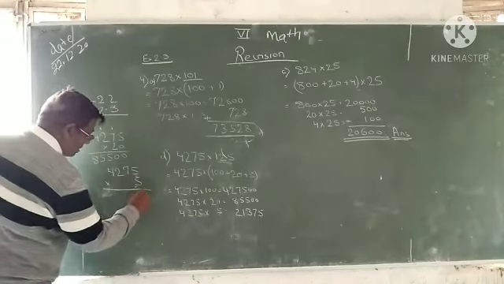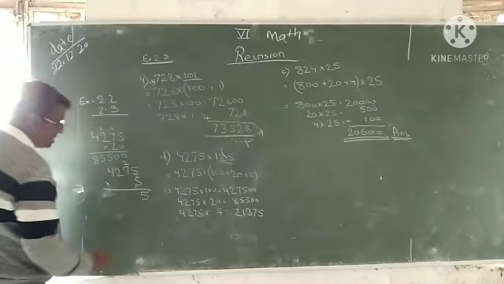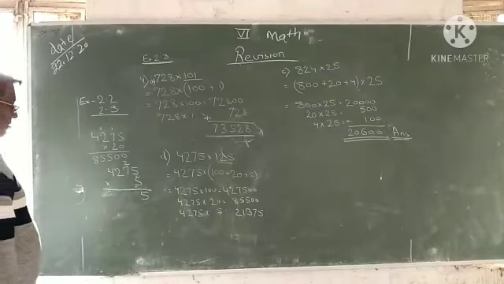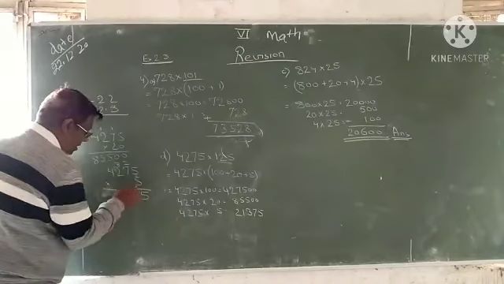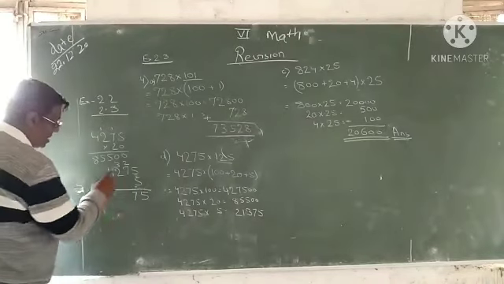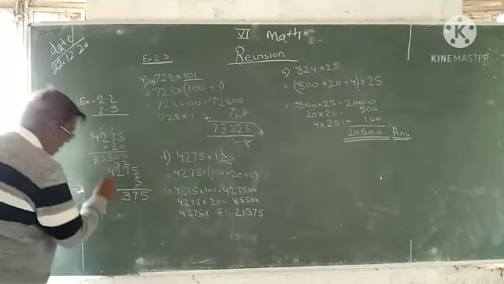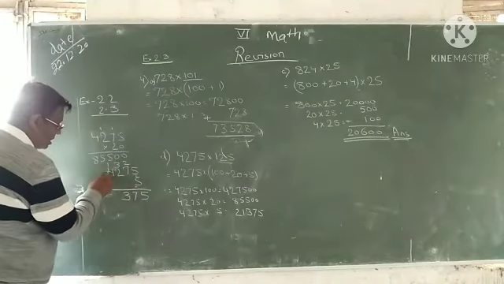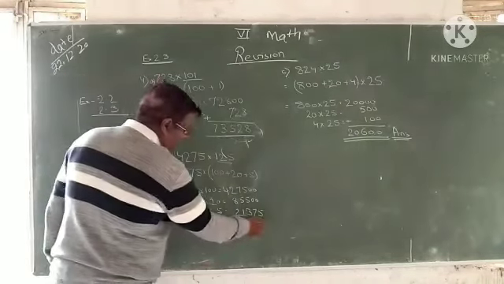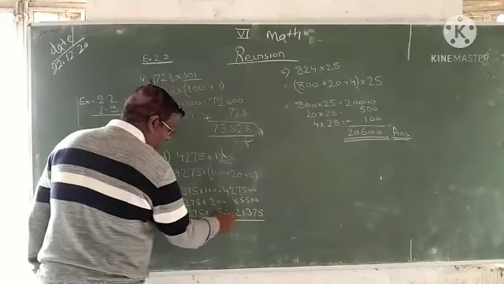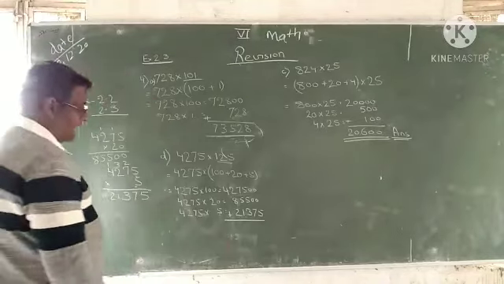5 5s are 25, carry 2, 5 7s are 35 plus 2, 37, carry 3, 5 2s are 10 plus 3 is 13, so 3, carry 1, 5 4s are 20 and 1 is 21. So we got the result of the multiplication. What we need to do now? We need to add it.